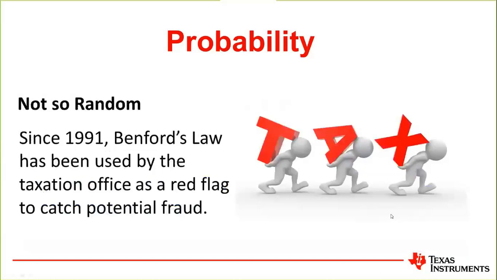And in fact, in 1991, the Taxation Office employed Benford's law to red flag people that were potentially cheating on their tax. Because the average person, if they're making up claims, will actually use random numbers. So they were able to align whether or not the claims that people were putting forward were indeed random or not.